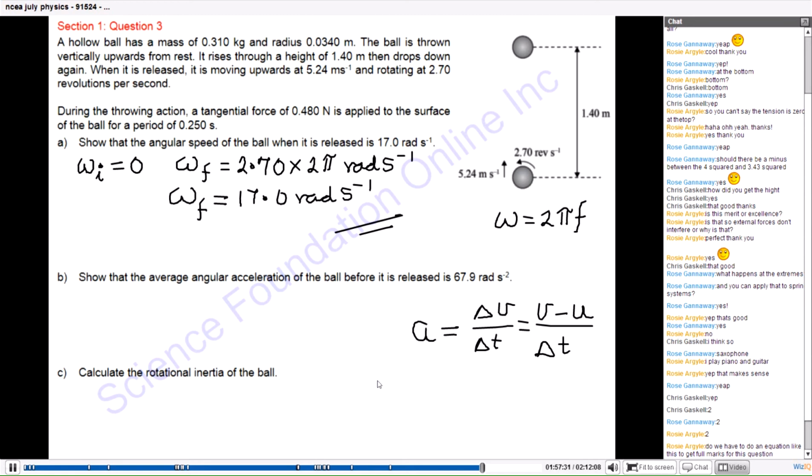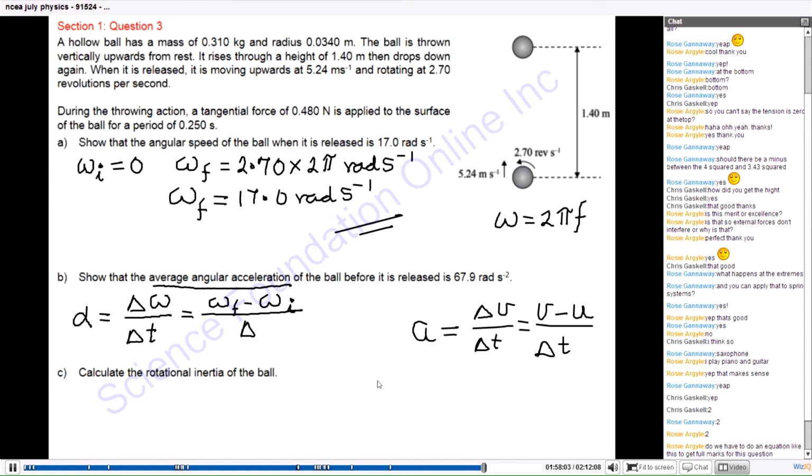Average angular acceleration, and we give that the symbol alpha, is going to be the change in angular velocity, delta omega rather than delta v, on delta t. So that's going to be omega final minus omega initial on delta t.